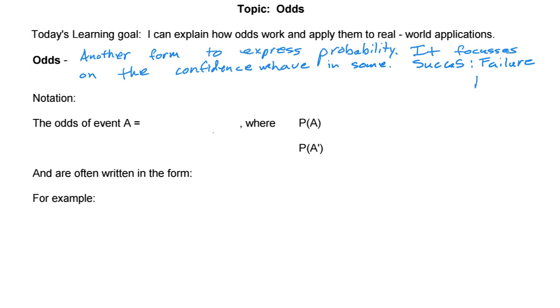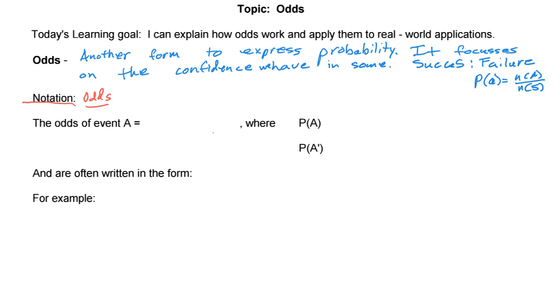Here's what you know from before. From before, we had P of A is equal to N of A divided by N of S, right? So that's the probability of something actually happening, okay? Now, we're going to talk about the notation of this thing called odds. The notation of odds is given by the following.